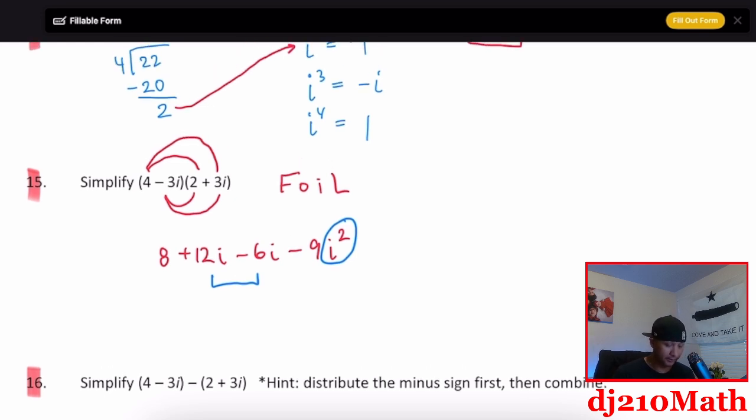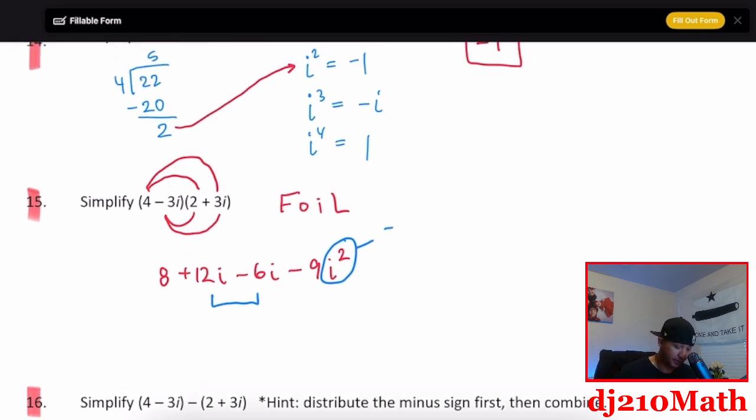All right, we just learned that i squared is -1. All that does is change the sign in front of the 9. That's all it does. So our answer: 8, 12 minus 6 is going to be +6i, and then plus 9, right?